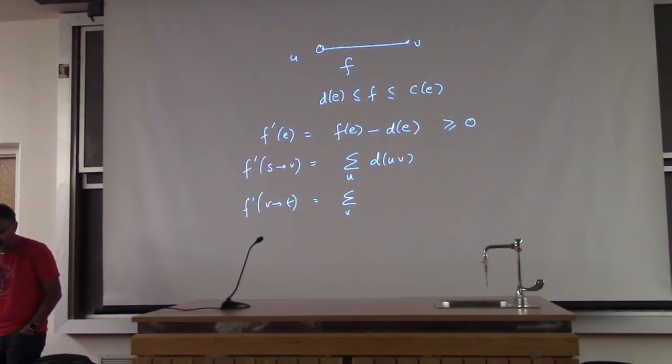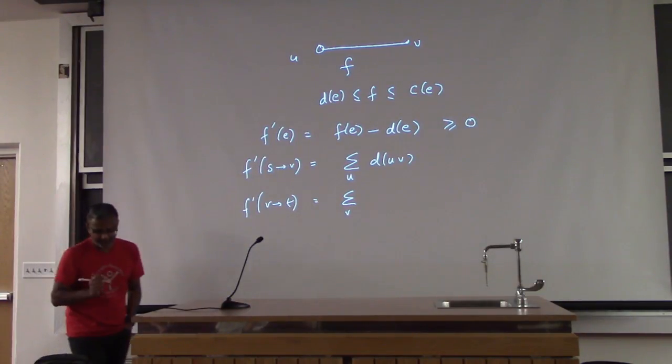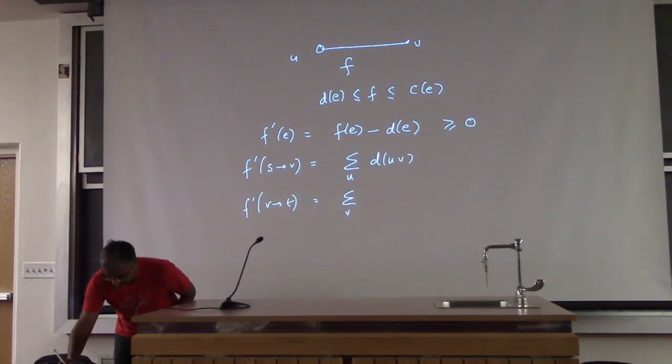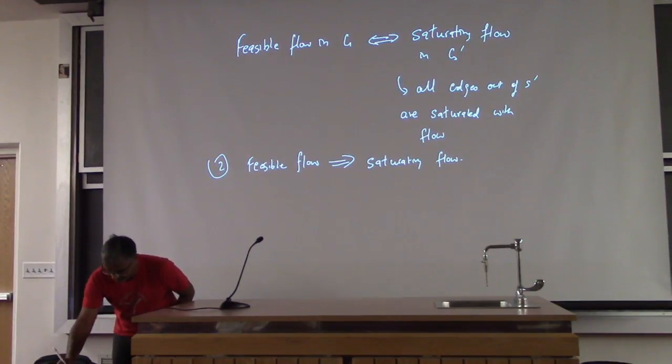The way I've written it would not be UV, it would be VU. Yeah, that's what I think. But I think I may have made a mistake earlier. So let me correct this actually.